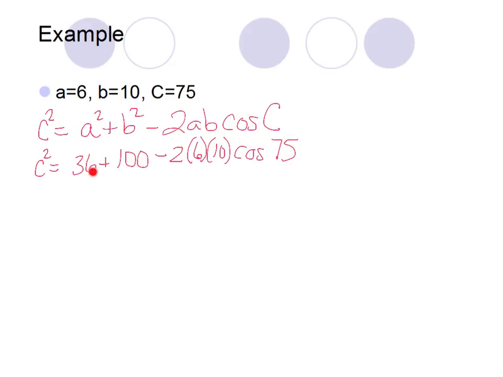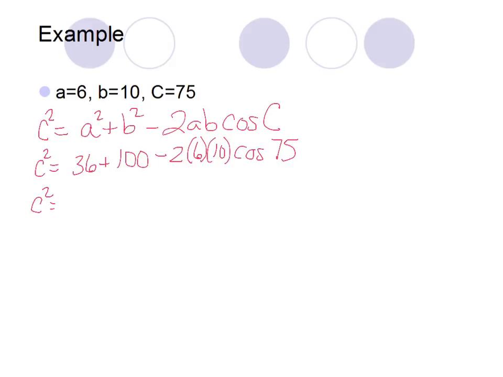Notice that I have absolutely everything on this side of the equation. When that happens, it works out beautifully. Just enter it in your calculator, left to right. Don't press enter anywhere in there. You're just going to take 36 plus 100 minus 2 times 6 times 10 times cosine of 75.